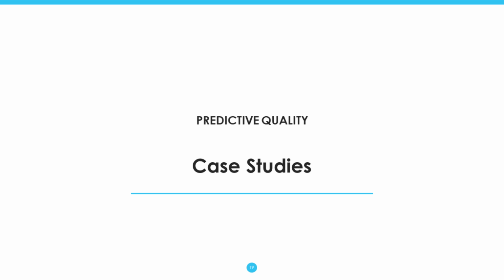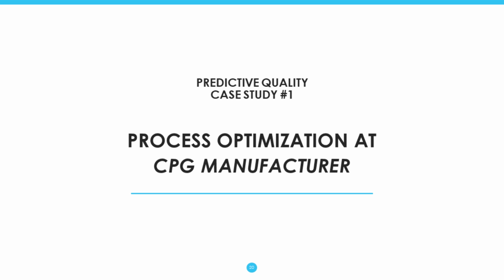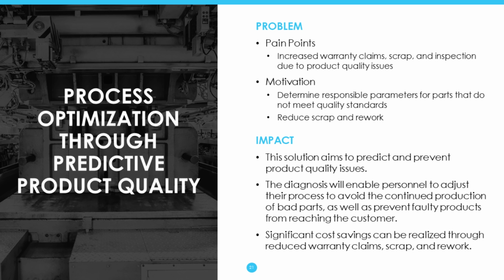Thank you, Mo. Yeah, let's get into some of the examples and case studies focused on using AI to improve quality. So we'll go through these predictive quality case studies. The first case study is on process optimization for a CPG manufacturer. If you look at this particular case study, we always start with the pain point.